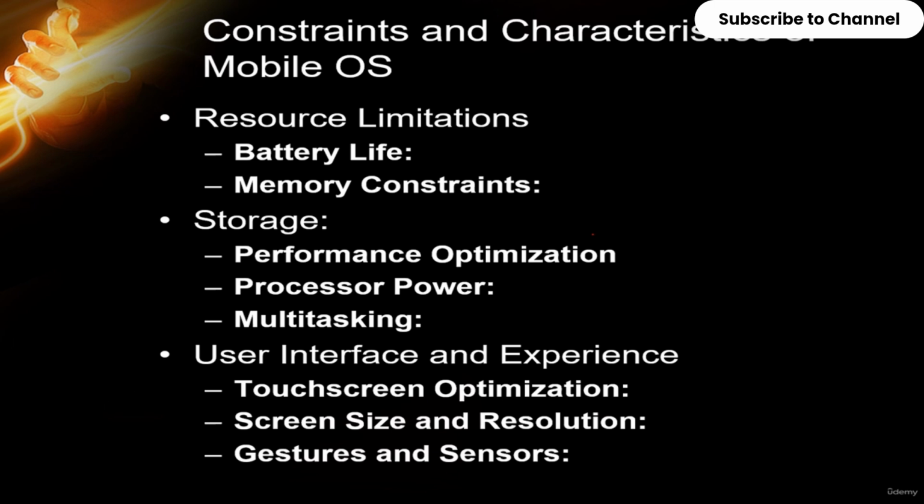Apart from that, the operating system should be provided with regular updates. Frequent operating system updates are very essential for fixing security patches and providing new features and performance improvements. Not only that, it also should be updated without disrupting the services.